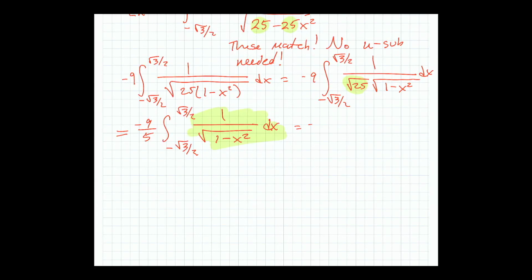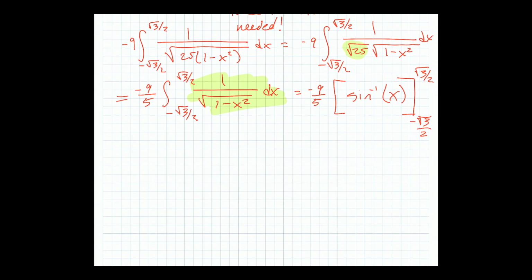So that's going to be a sine inverse. We're going to have negative 9/5. This is a definite integral, with limits of integration, so we have brackets here, sine inverse x, no U-sub to worry about, from negative square root 3 over 2 to positive square root 3 over 2.